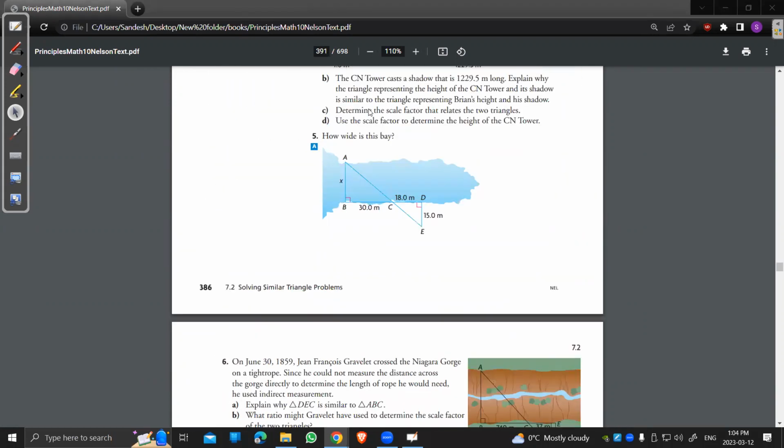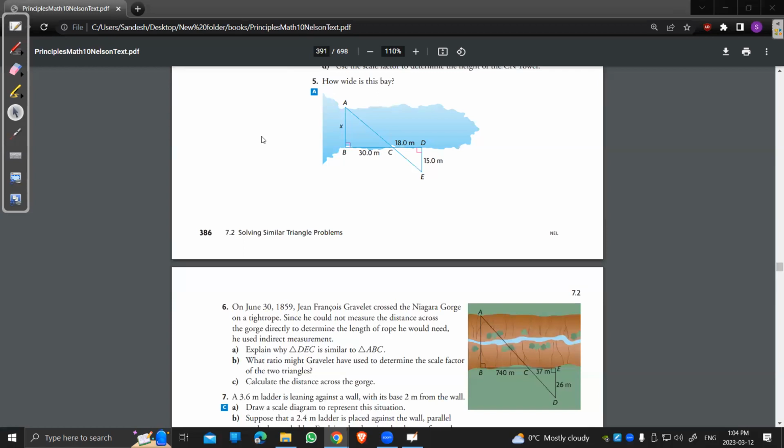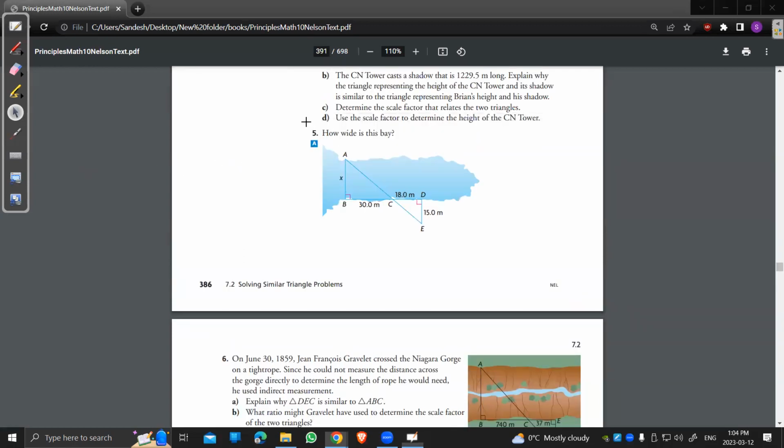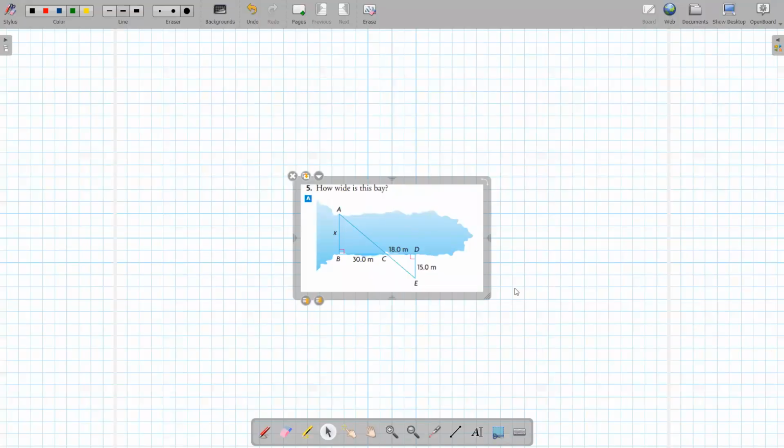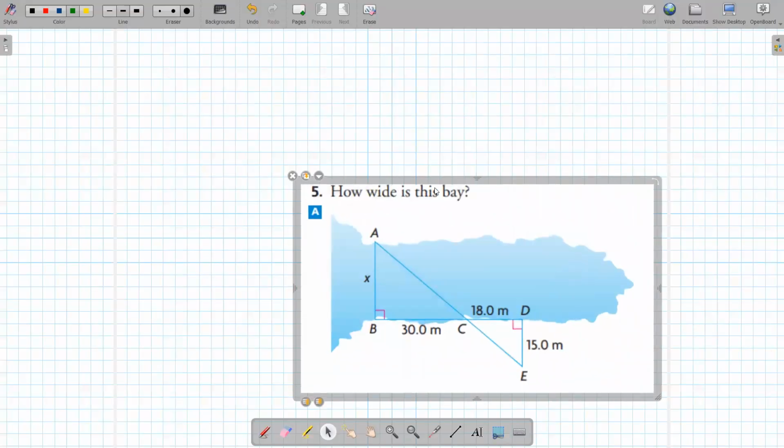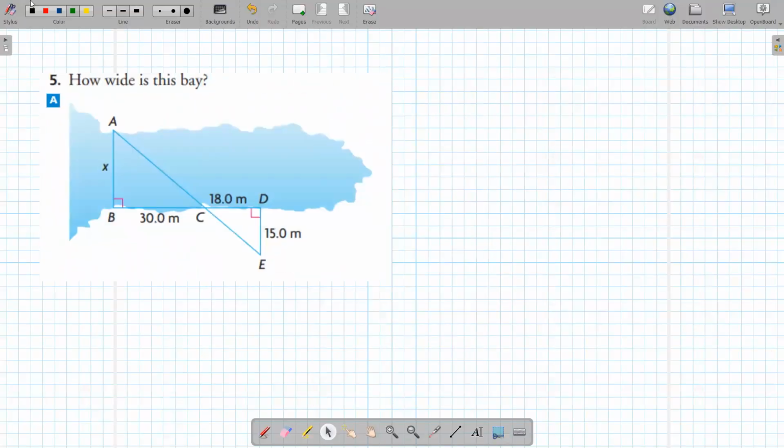If you understand when two triangles are the same, then you're set. Look at this. We already know these two triangles are similar, right? It's because they both have a 90 degree angle, like angle B is equal to angle D. They're both 90 degrees.